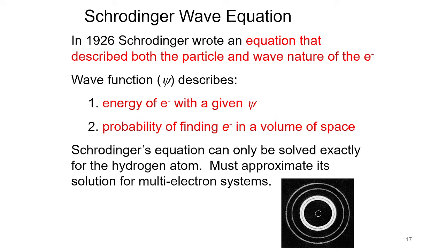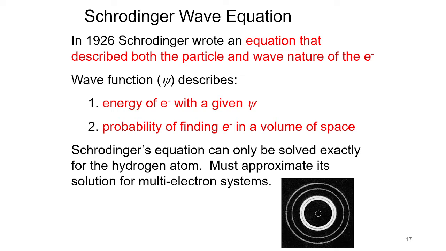So Schrodinger equation can only be solved exactly for the hydrogen atom, but it approximates the solution of multi-electron systems. By multi-electron systems, these are atoms having more than one electron, like lithium, boron, and so on and so forth.